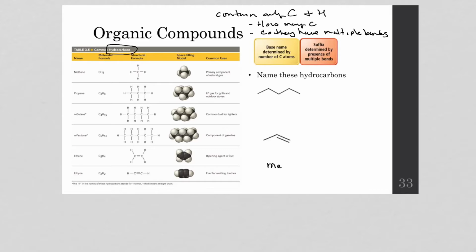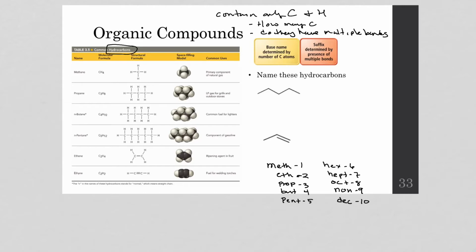The prefix meth equals 1, eth equals 2, prop is 3, but is 4, and pent is 5, and we've got hex is 6, hept is 7, oct is 8, non is 9, and dec is 10.